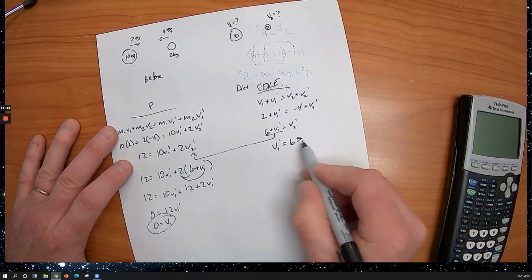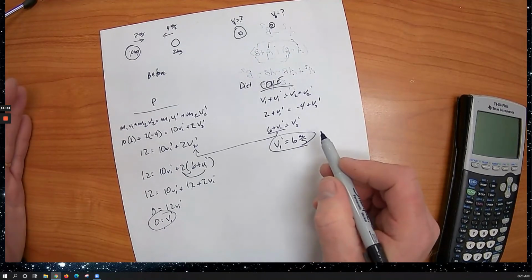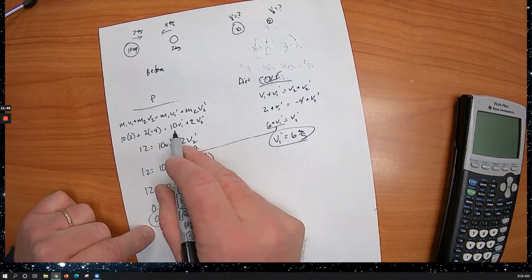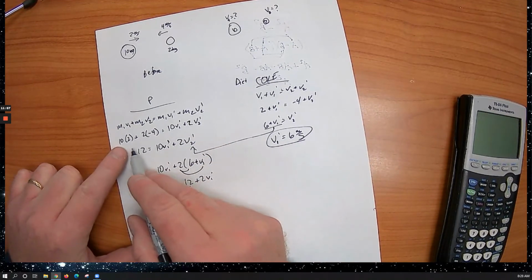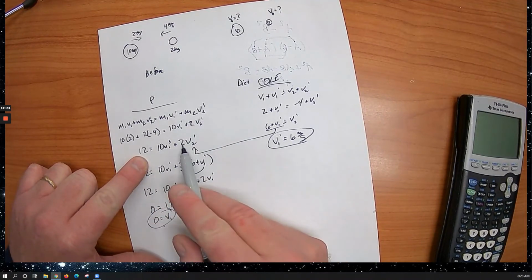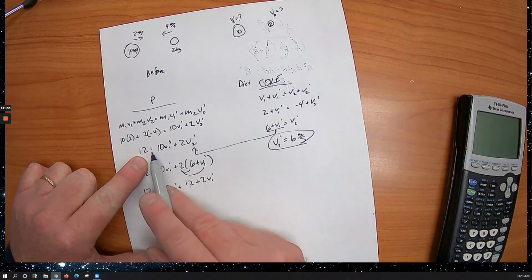Now, let's double check that. If this is in fact the correct answer, then it should work here, right? So here I've got 12, and that's going to equal 2 times 6 plus 0. That checks here.